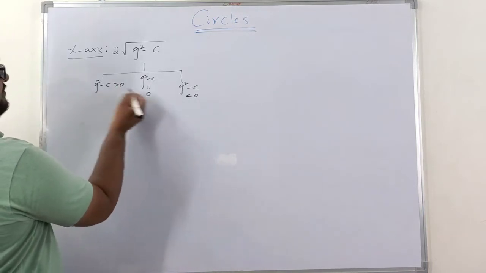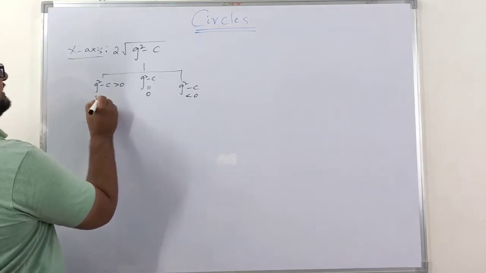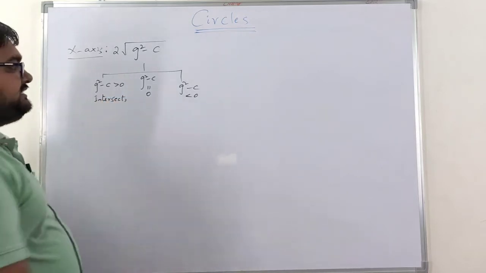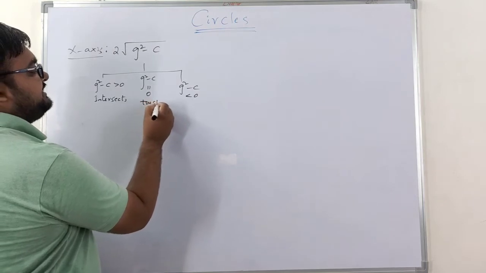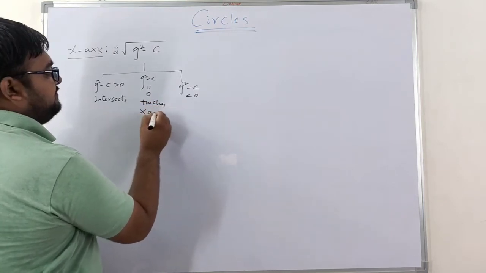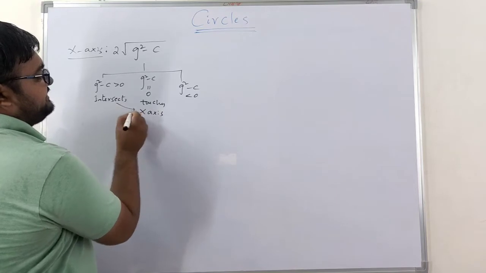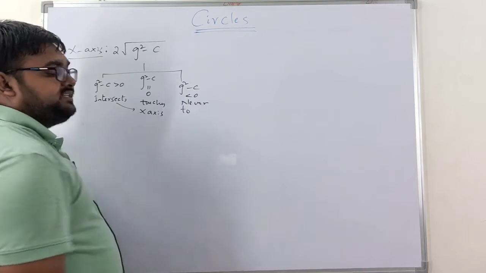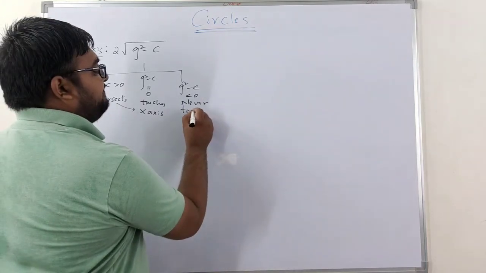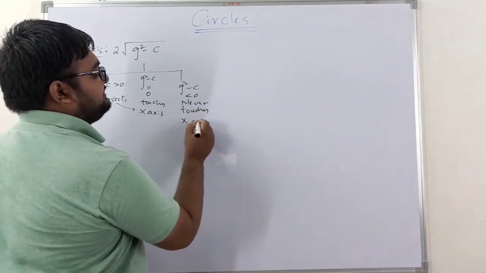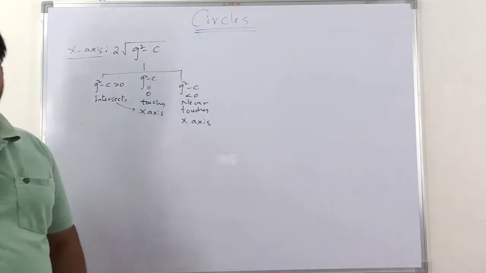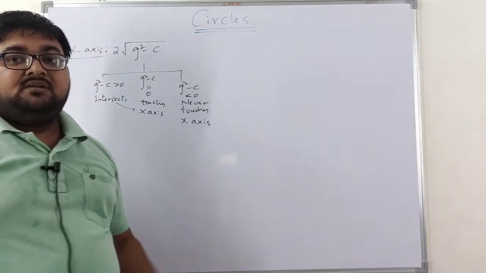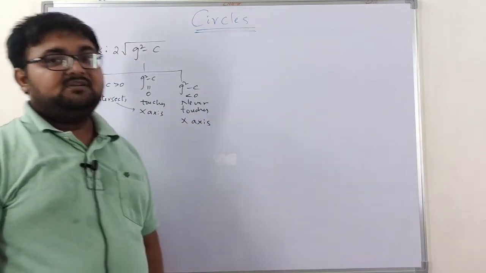In the first case, the circle intersects the x axis; in the second, it touches the x axis. If g square minus c is less than 0, it never touches the x axis. The same cases carry forward for the y axis also.